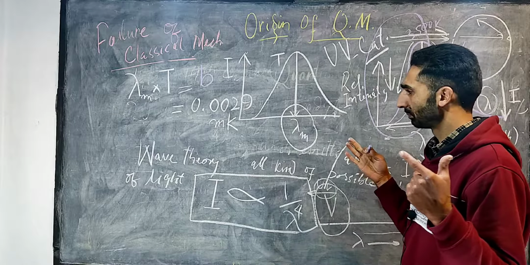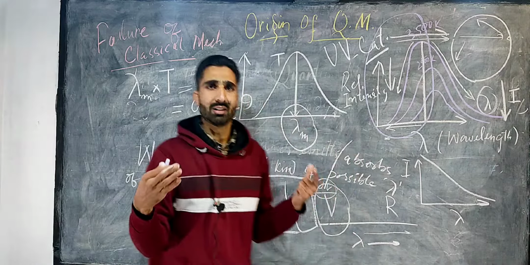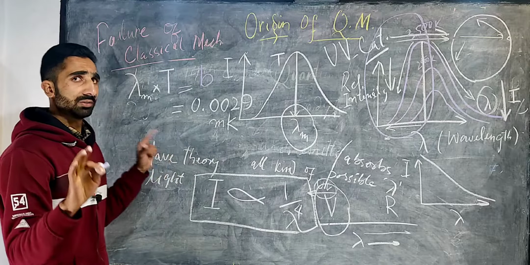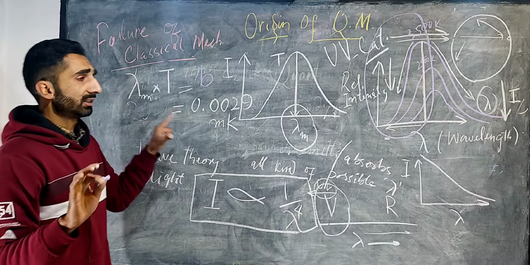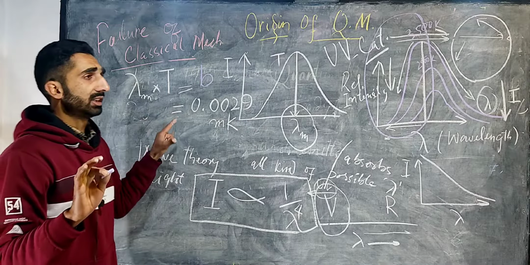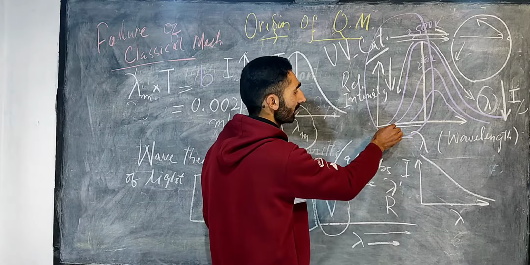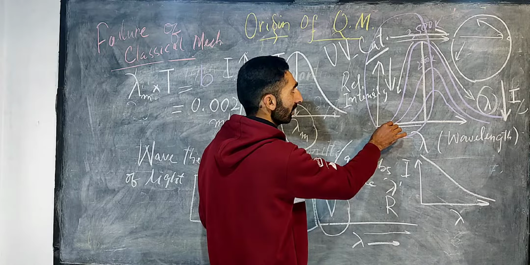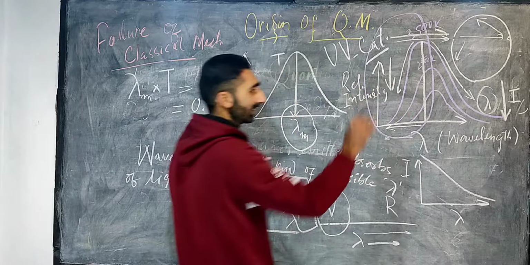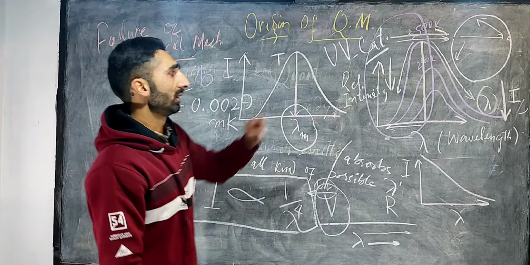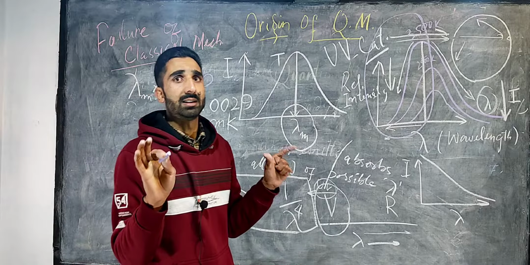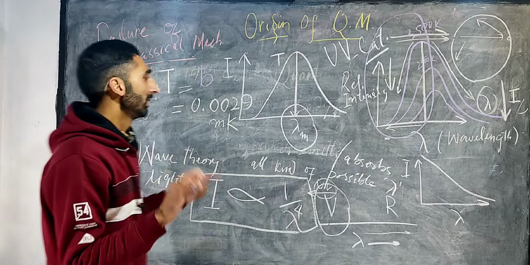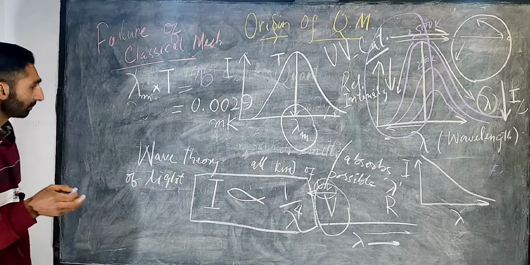You will see this concept in detail in the upcoming classes: if we consider the particle nature of light, then this behavior in the graph, that for the lower wavelengths there is a drop in the relative intensity, is explained only if we consider that light is a particle kind of thing.